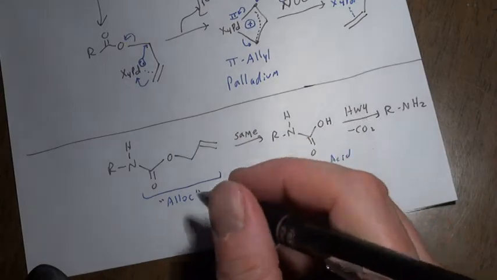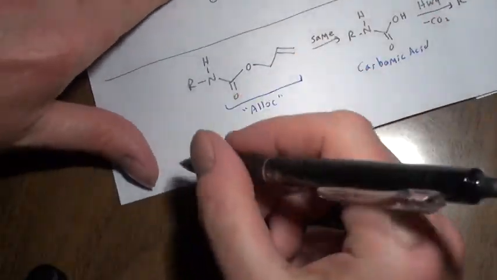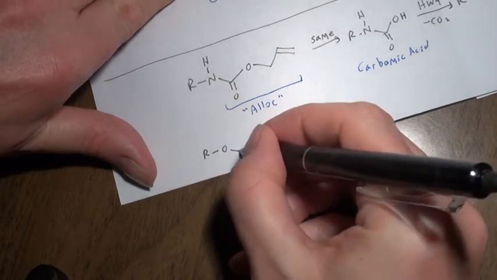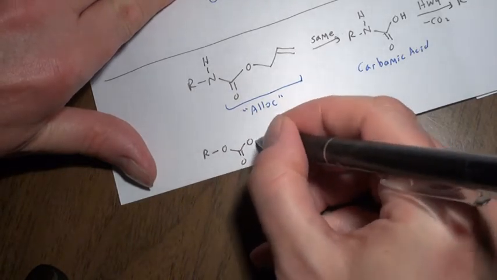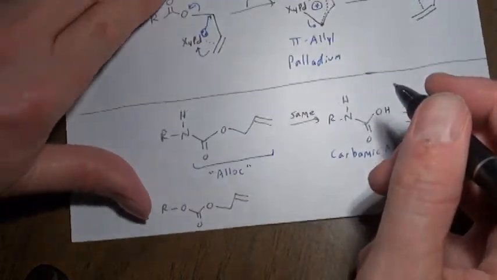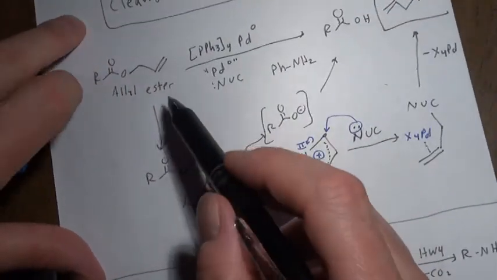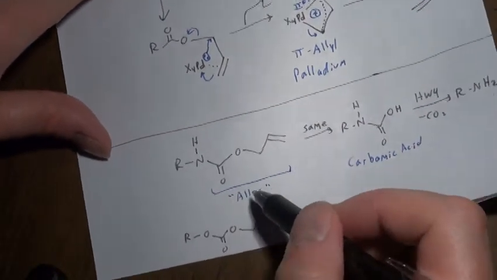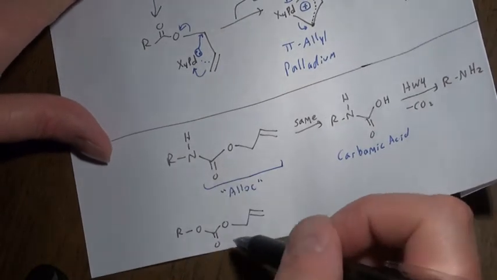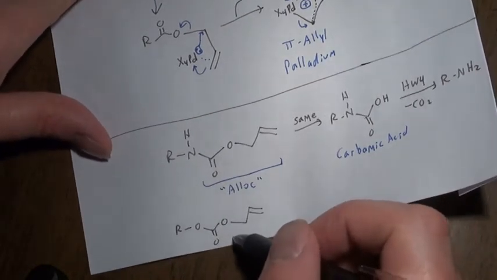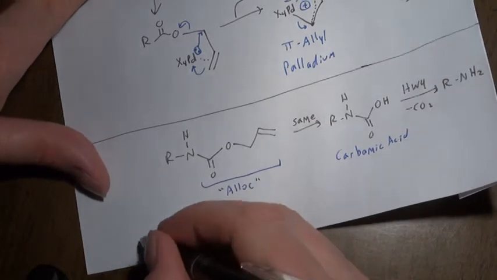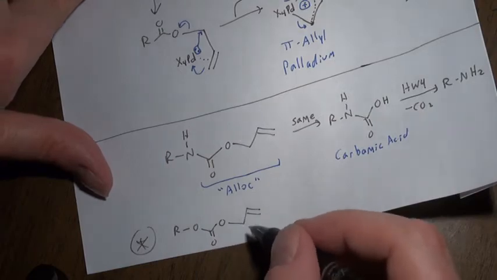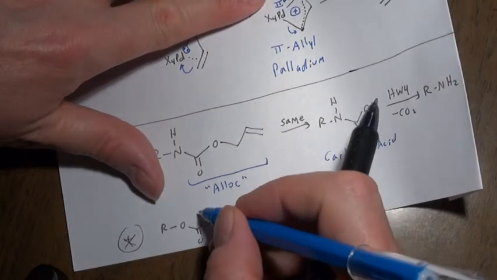And then the very last one, another variation of the alloc group, is an alcohol protecting group, right? So this is an ester carboxylic acid protecting group. This is an amine protecting group with a nitrogen, and then this is going to be an alcohol protecting group. This is what's in the paper, and this will be on the homework assignment: how do we deprotect an alloc group on an alcohol. So this is also an alloc.